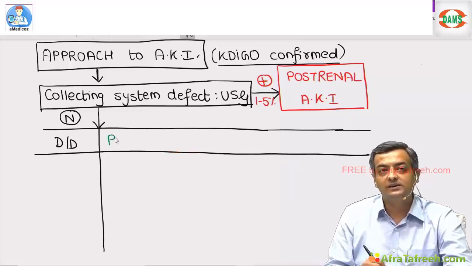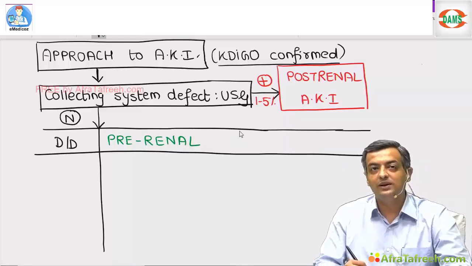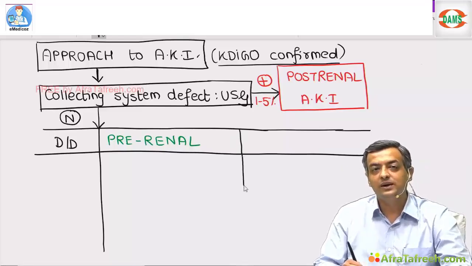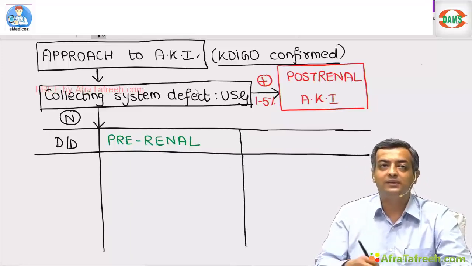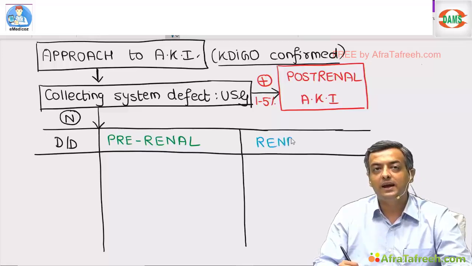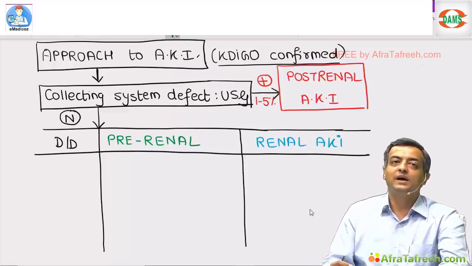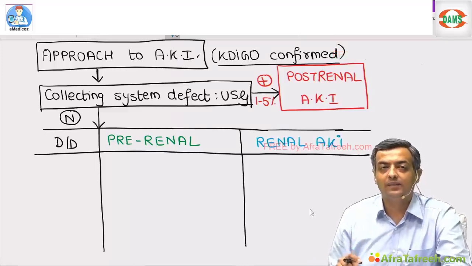The possibilities are you are dealing with a pre-renal AKI. I am going to use the same colors throughout the nephrology session so you can correlate better. Or the patient is suffering from a case of renal AKI.